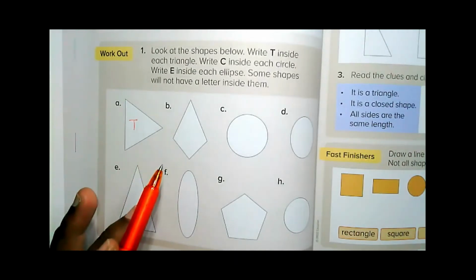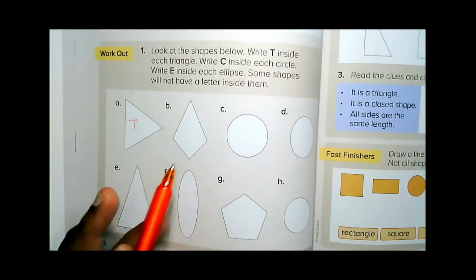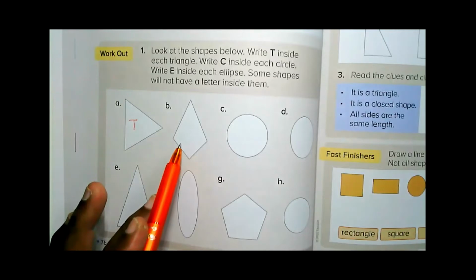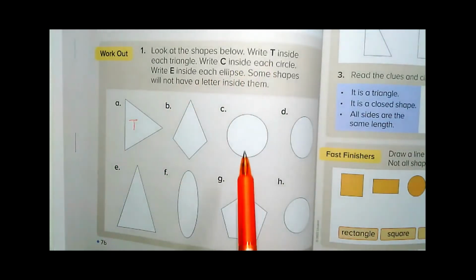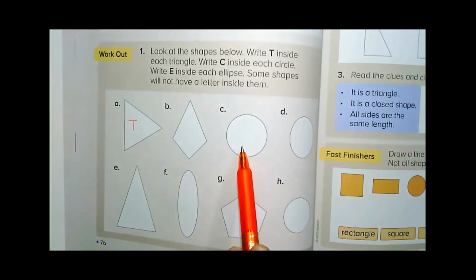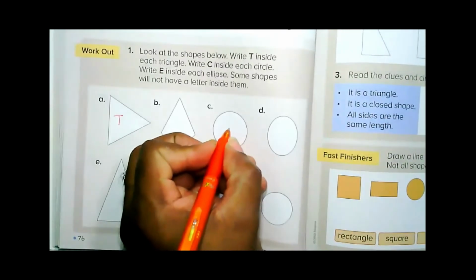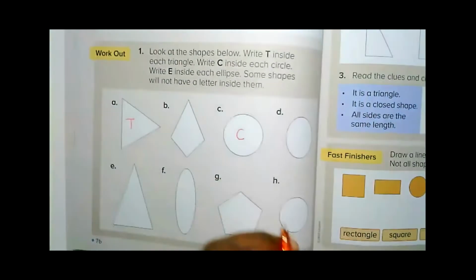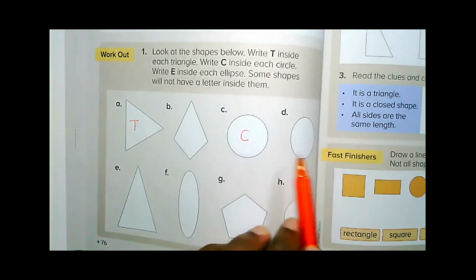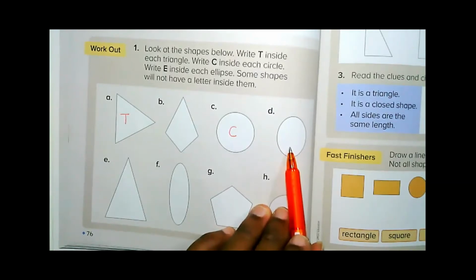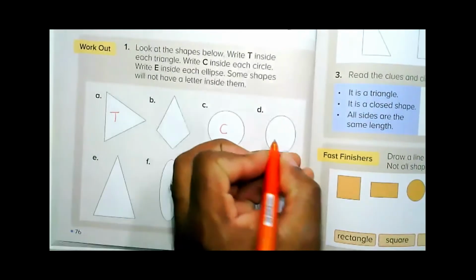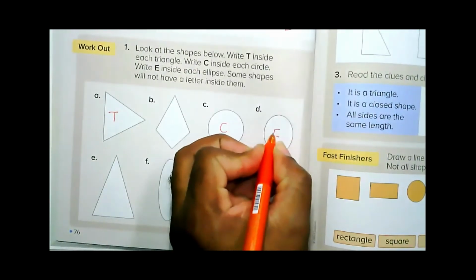So it is a quadrilateral. So we're not going to write any letter here because there is no letter for quadrilateral. Part C is a circle. So we're going to write C. Part D, this is an ellipse, so we're going to write E.